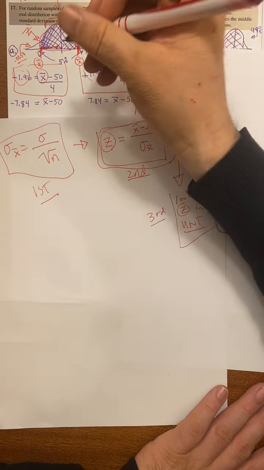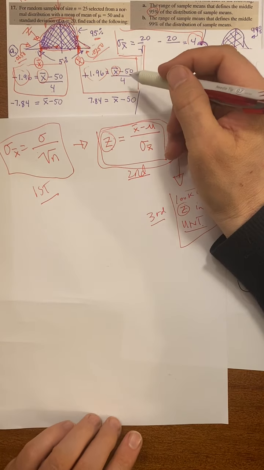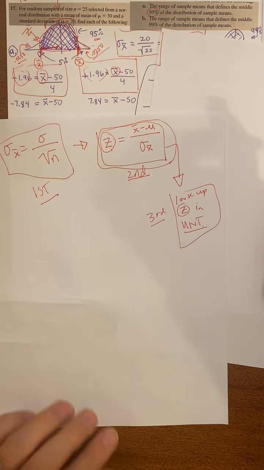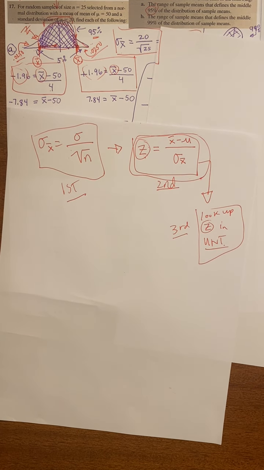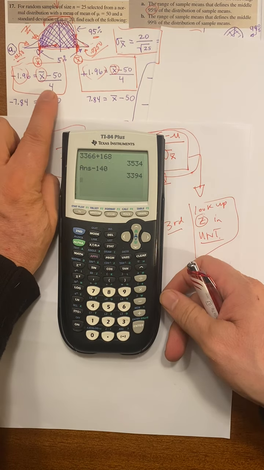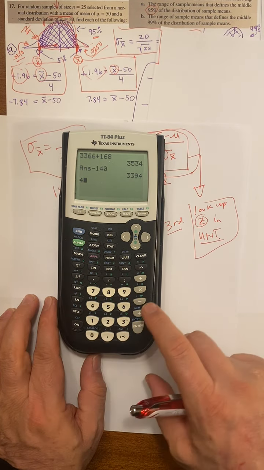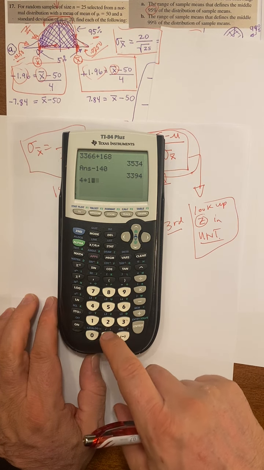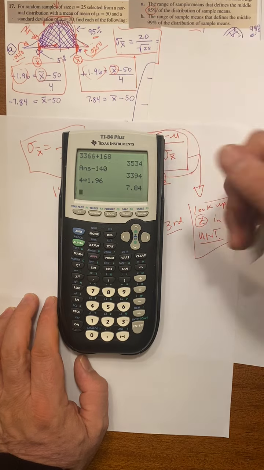I believe that I multiplied that 4 out. I'm just going to make sure that that's what I did. Okay, so multiplied it out on this side. So then 4 times 1.96 equals, yeah, that's 7.84.